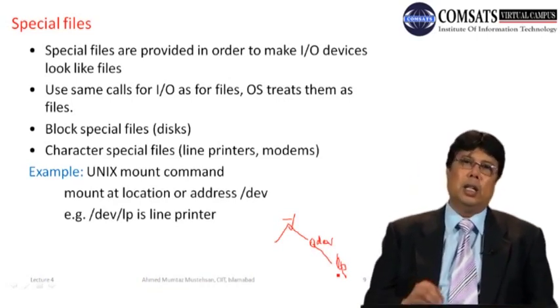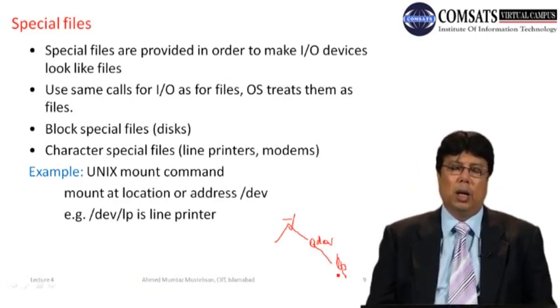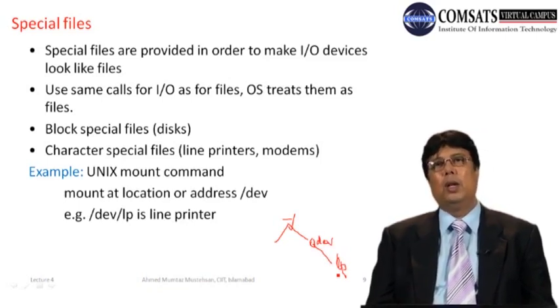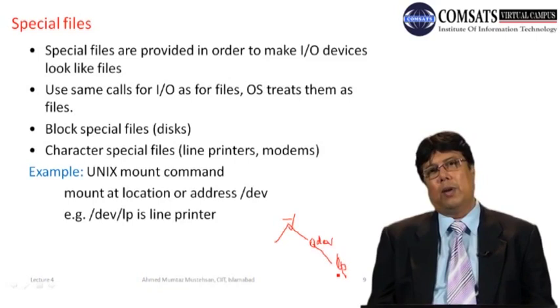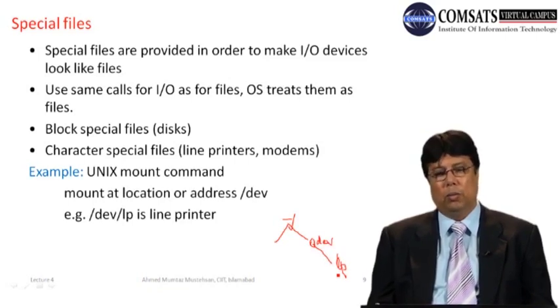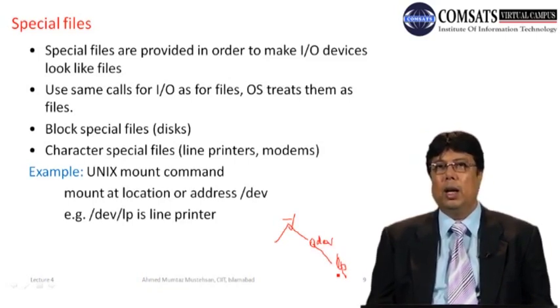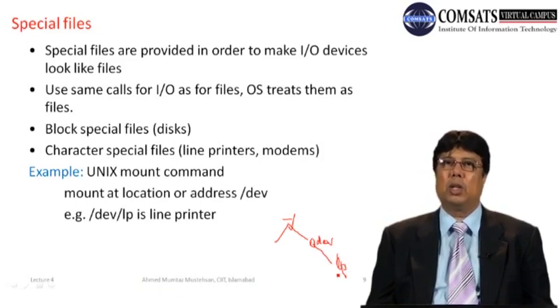Usually the device directory is the location in the Unix file system where you mount all the devices. Something very astonishing and very useful, that will give you a good idea of how this abstraction is provided by the operating system.